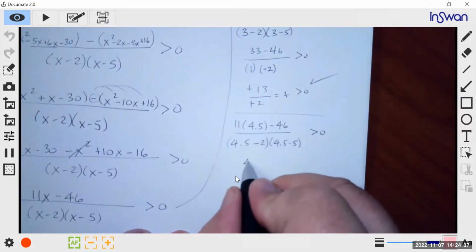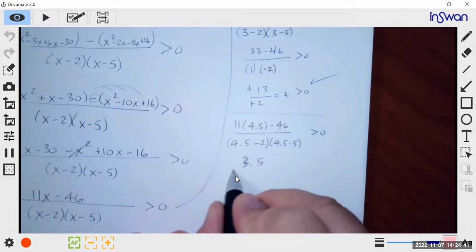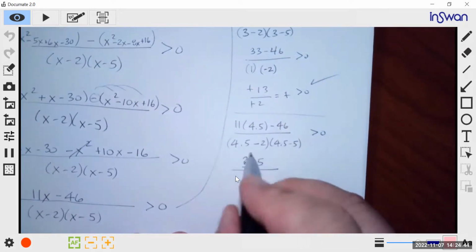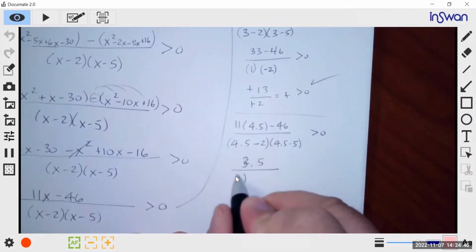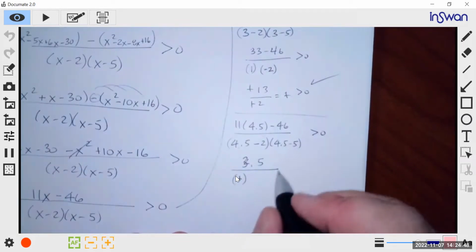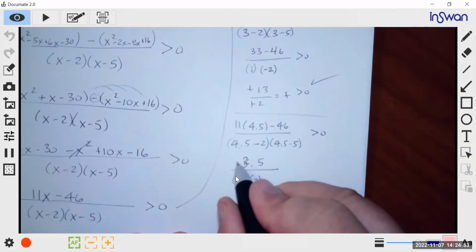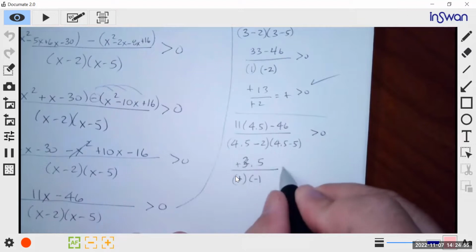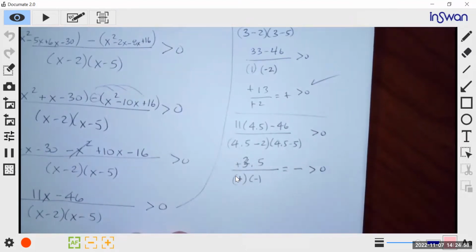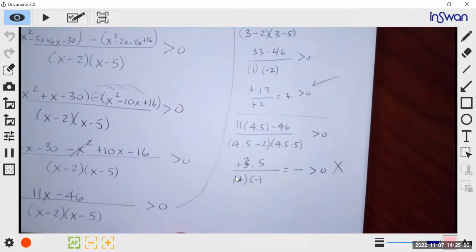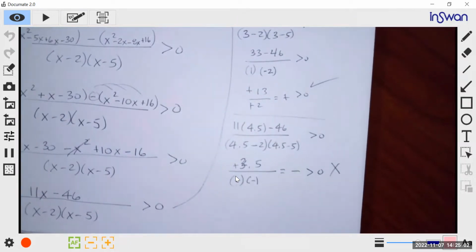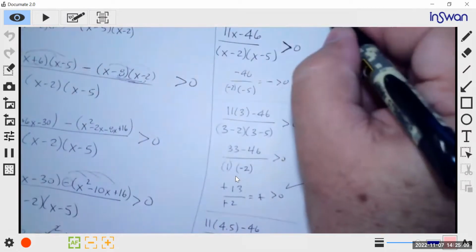That's 49.5 minus 46, which is 3.5. 4.5 minus 2 is a positive number. 4.5 minus 5 is a negative number. So positive, positive, negative makes it negative. Is a negative number bigger than 0? No. The value itself is not that important. I just want to know if it's above or below the x-axis. So we can't use that.